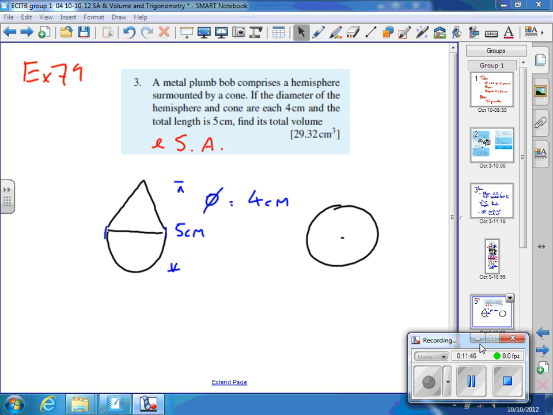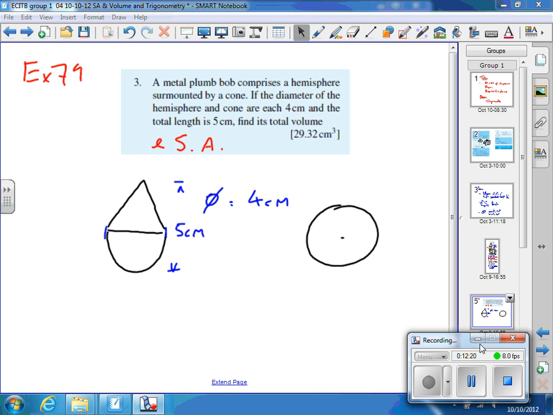Plan to find this volume. Yeah, but how are we going to find the volume of the whole thing? Okay, so we want the volume of the hemisphere, so we find the volume of the whole sphere and halve it, yeah? And then what?